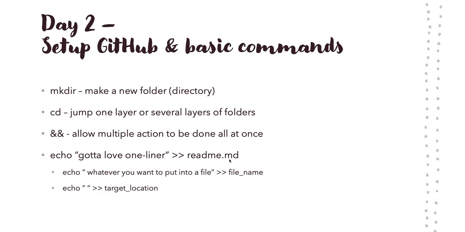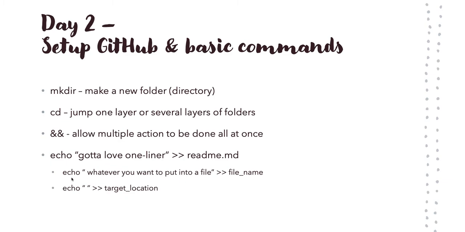So readme.md is something that you want to have in your GitHub project because it's basically the landing page that introduces your project, your goal, and the fun, exciting things that happen in your project. That's something you want to have. So remember, there's that readme.md.